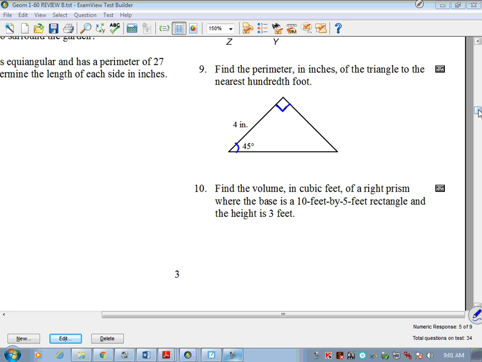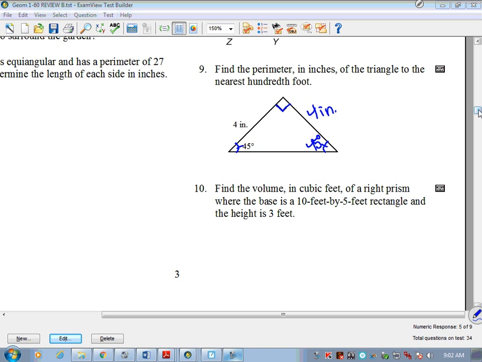And we know that we only have 180 degrees in a triangle, so 90 and 45 is 135. Subtract that from 180. In a 45-45 right triangle, the sides opposite my 45s, because my angles here are congruent, are going to be the same length. So I know that this is 4 inches as well.